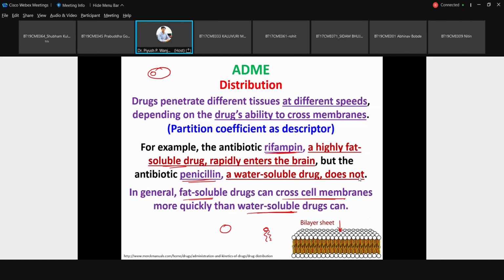Suppose you identify through your technique that a pharmaceutical compound is a good candidate for activity in some part of the brain. There are some barriers within your body which don't allow certain compounds to cross.